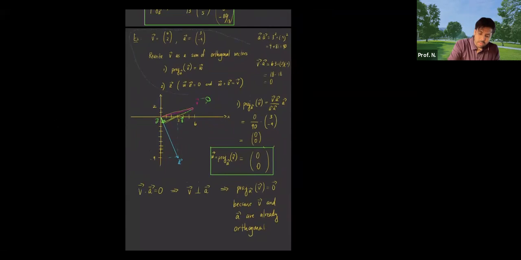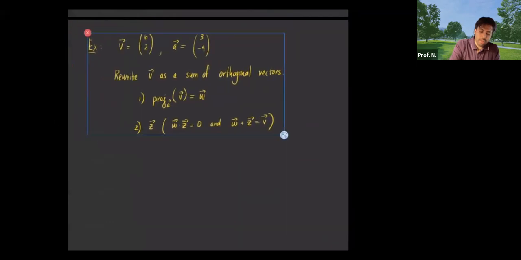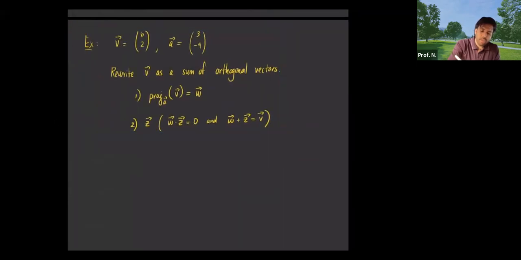These numbers just worked out this way. So again, that can happen, guys. We can have a problem where the two vectors are already orthogonal. If you're already orthogonal, there is no real reason to project one vector onto the other. So I'll give you another one.